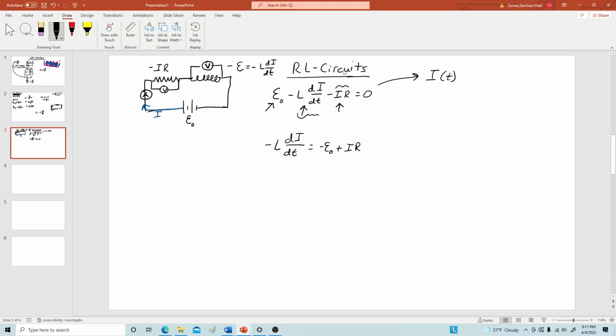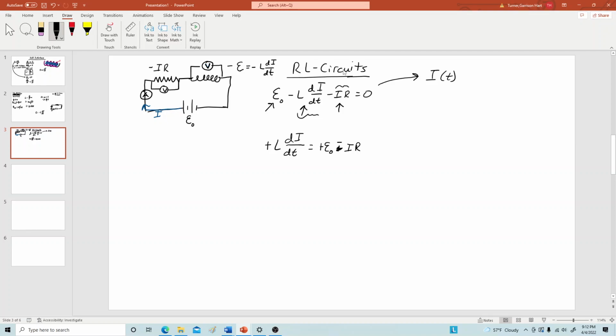I'm moving plus IR to this side, and I'm subtracting epsilon naught. But you'll see why I'm doing it this way in just a moment, because it'll be advantageous to go ahead and multiply through by this negative sign. So I've got L di dt is equal to epsilon naught minus IR.